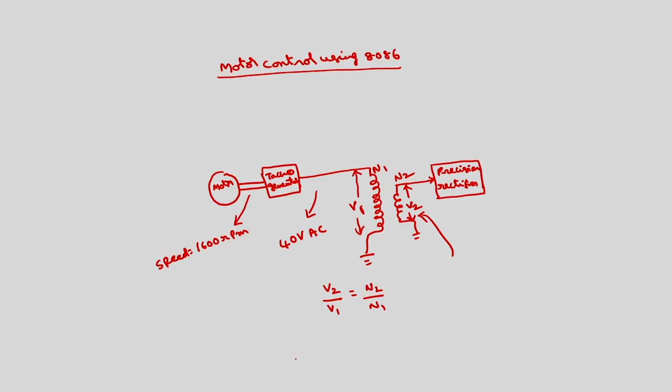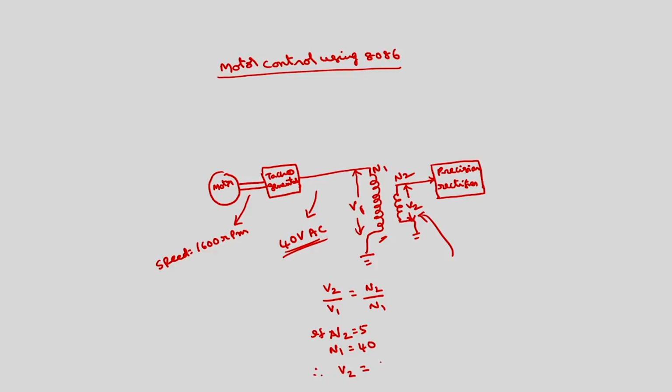If I take V1 as 40 volts, and take N2, the number of turns here, as 5, and N1, the number of turns here, as 40, then what will be V2?